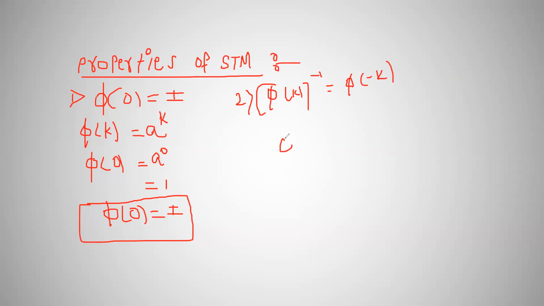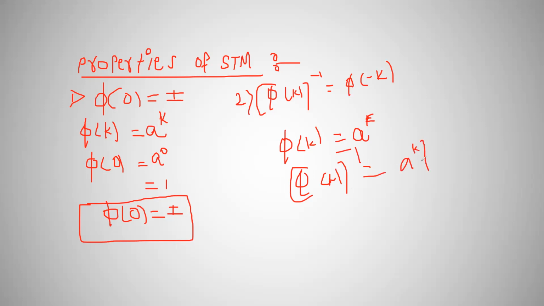What is the formula of the state transition matrix? Phi of k is equal to A power k. So phi of k whole inverse is equal to A power k whole inverse, which is A power minus k.